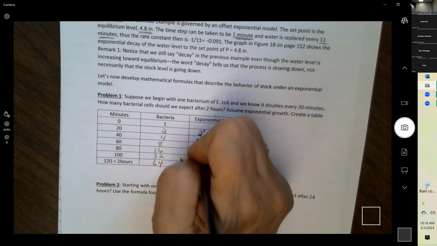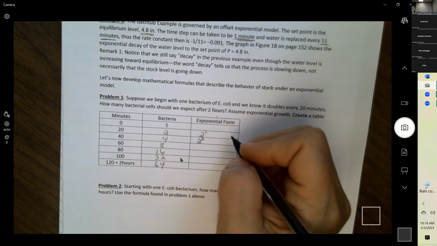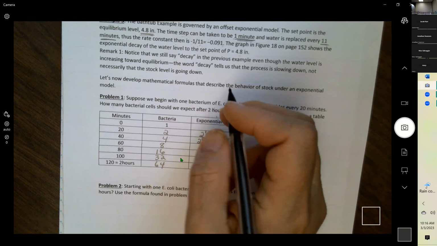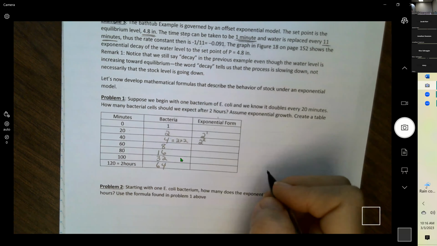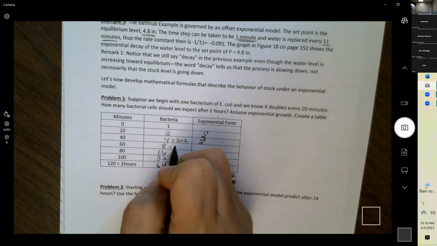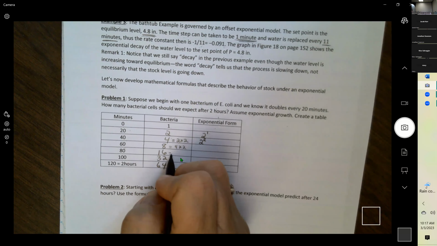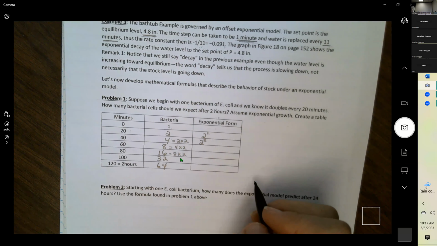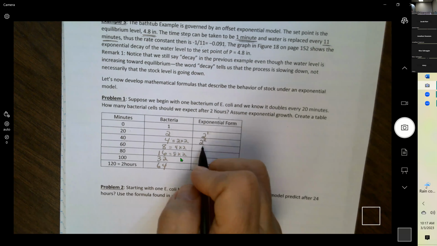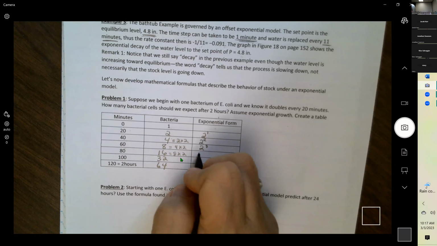The next one is 2 squared, because each time we're taking this value and multiplying by 2. So the next one is 2 cubed. 2 to the 4th. Any questions?